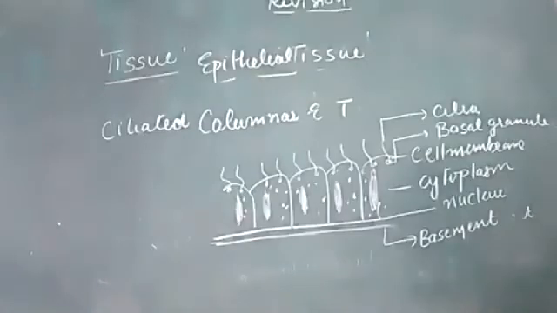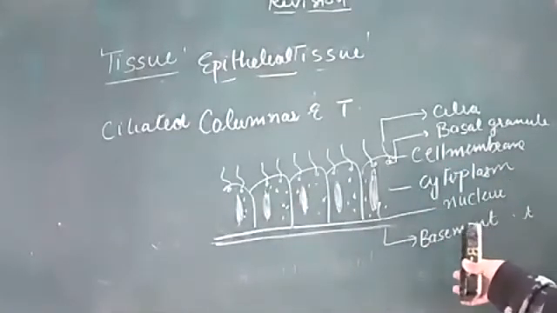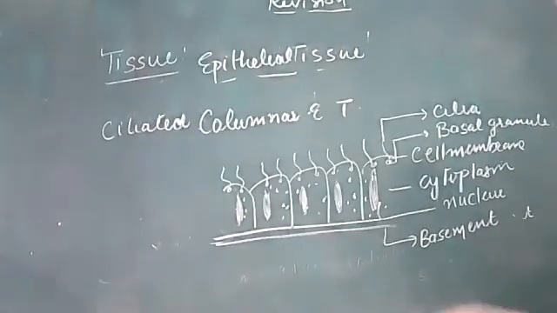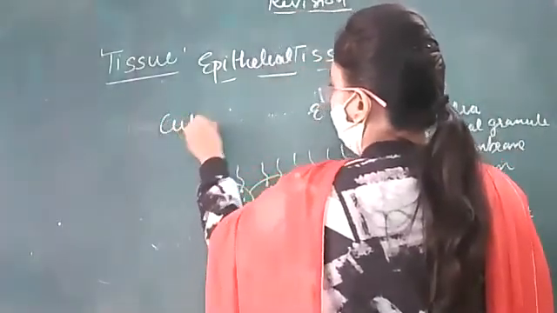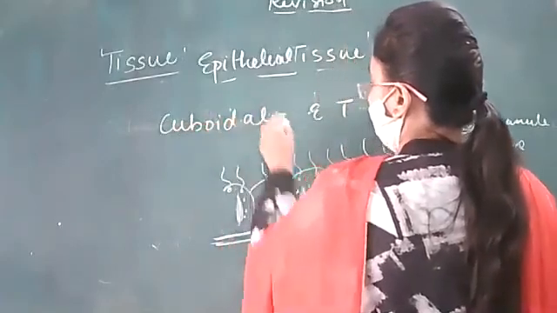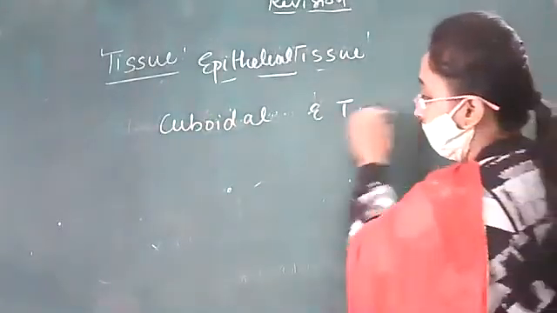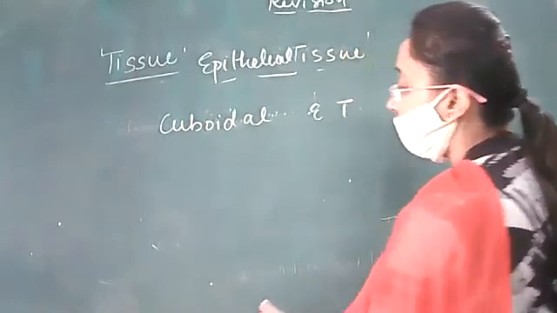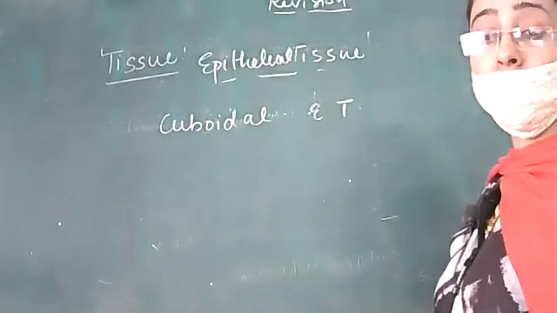So next, beta, we have covered squamous epithelium, columnar epithelium, and ciliated columnar epithelium, which consists of cilia. Now there is cuboidal, cube-like, cuboidal epithelium. Cuboidal epithelium has basically cube-like cells, and thus they give a cushiony appearance.